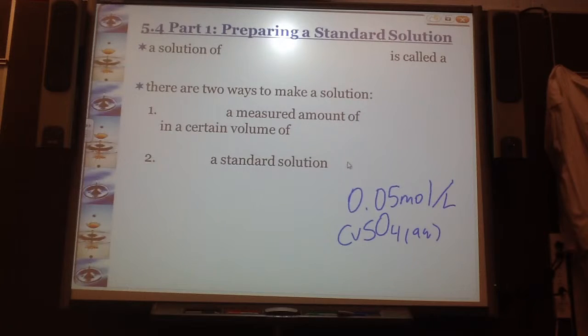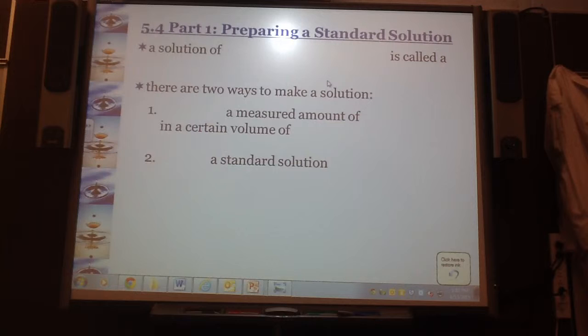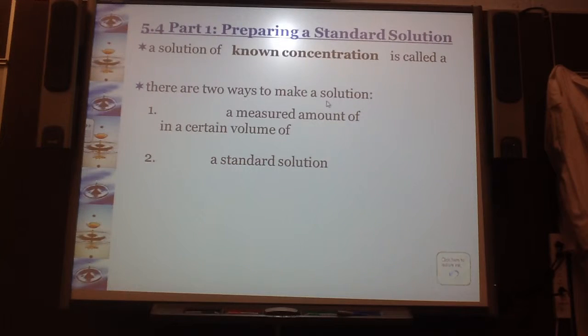Anyways, in your notes here, a solution of known concentration is called a standard solution. Just in general terms, if you know its concentration, then it's called a standard solution.